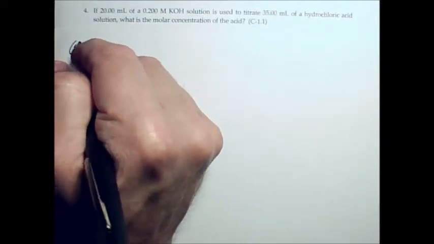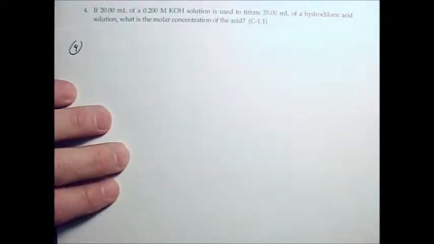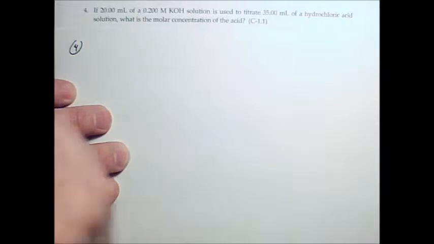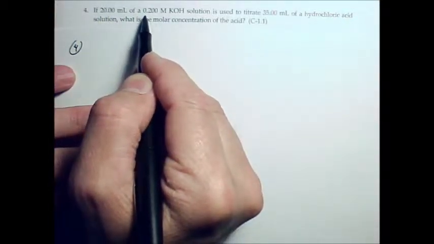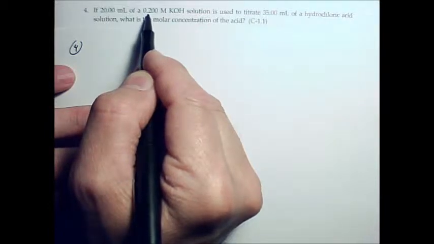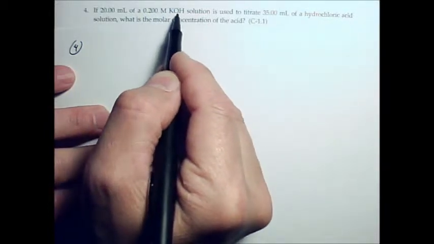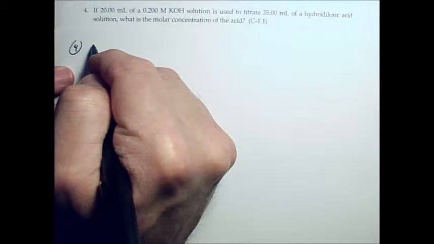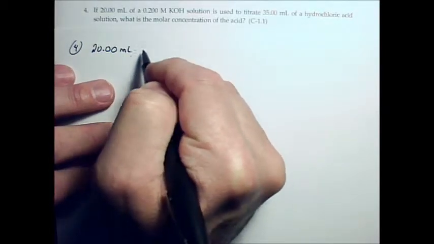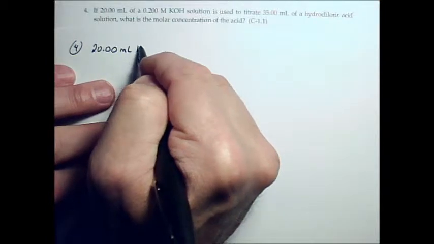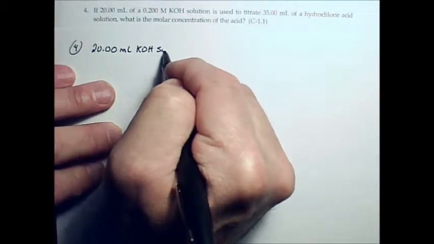So in number 4 then, we're going to pick the amount for which we know the concentration. That's 20 milliliters. Because we know that the concentration is 0.200 molar. Okay? So we're going to put the 20.00 milliliters of the KOH solution on the top.